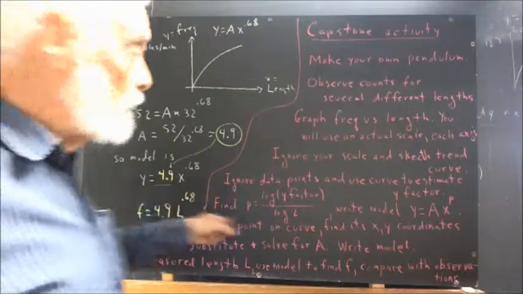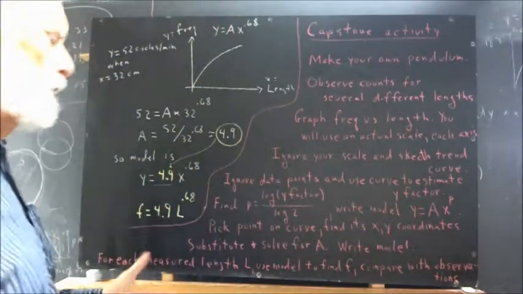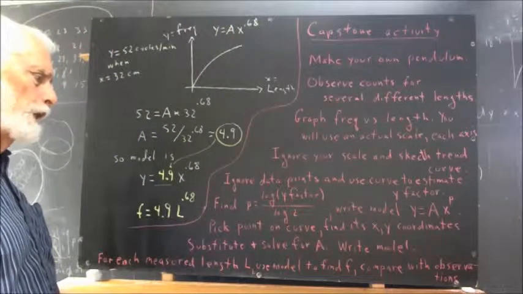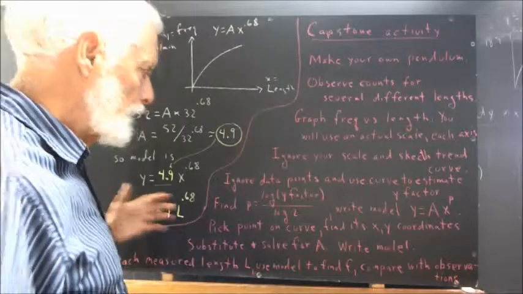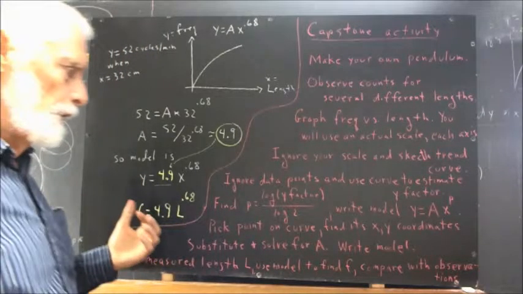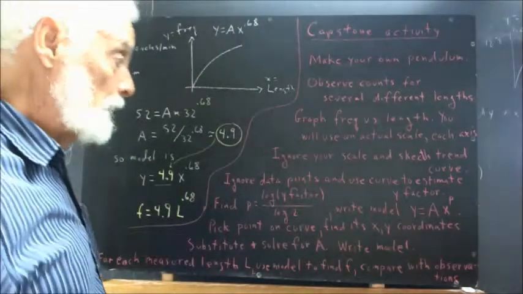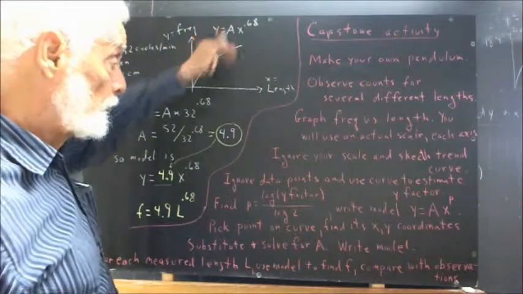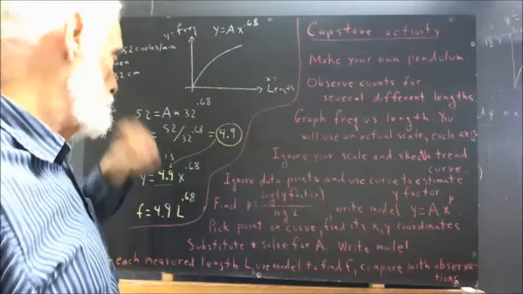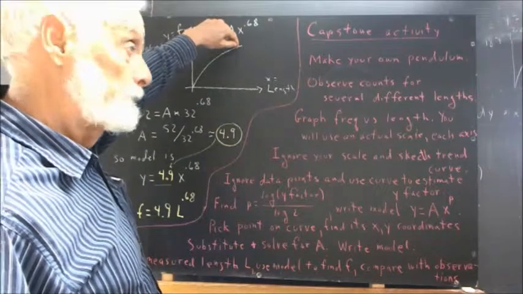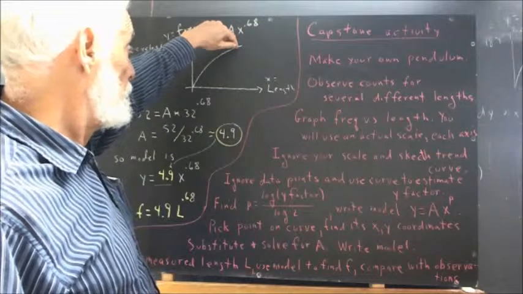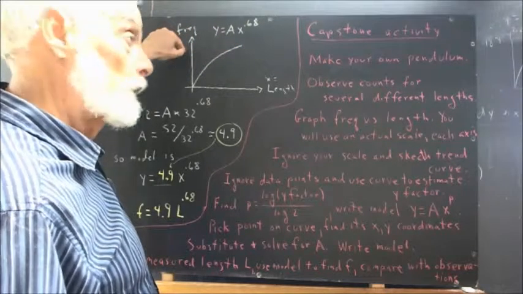Then you pick any old point on the curve. Well, not any old point. You probably pick a point somewhere in the fat part of the curve, not too close to one end or the other, and find its x and y coordinates. And there might even be an advantage to getting one of your points further out here. Okay, a point on the curve, and find the x and the y coordinates of that point.